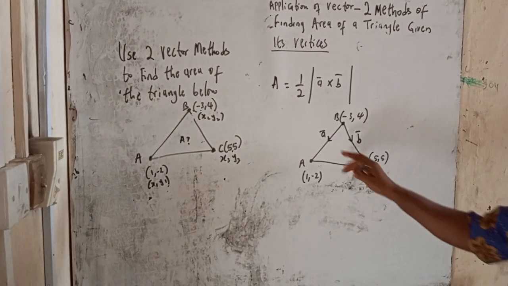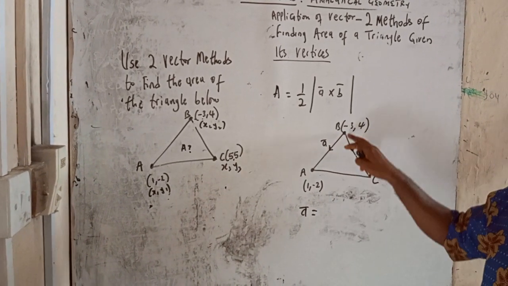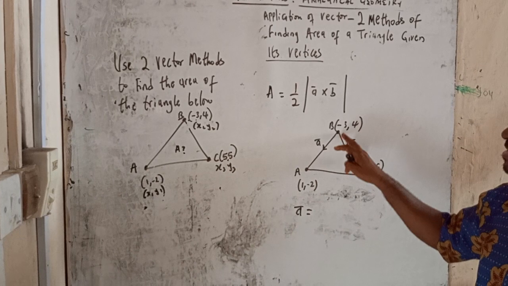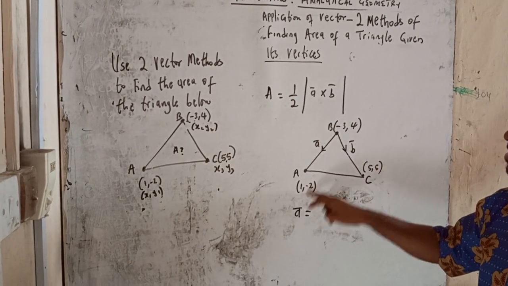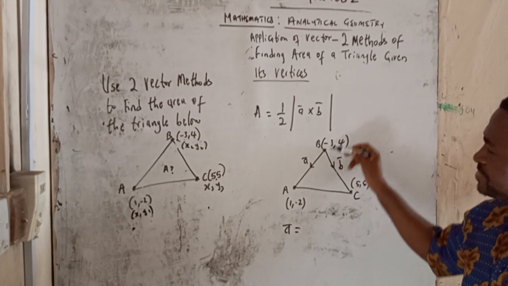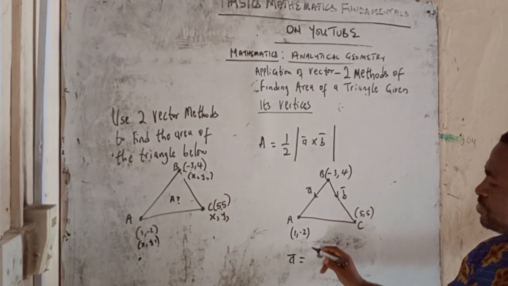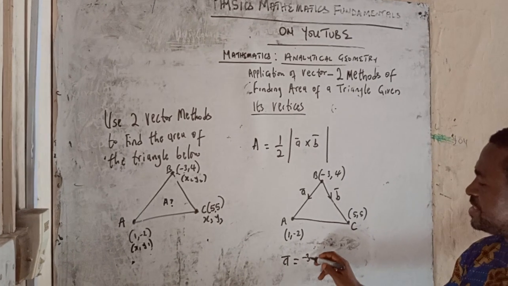Now, to find the expression for vector A, we find the difference along the x coordinates and then the difference along the y coordinates. These x coordinates are minus 3 and 1. So we find the difference between the x coordinates. It's going to give us minus 3 minus 1.